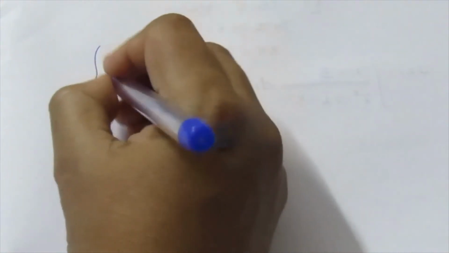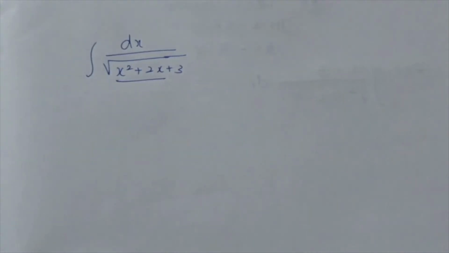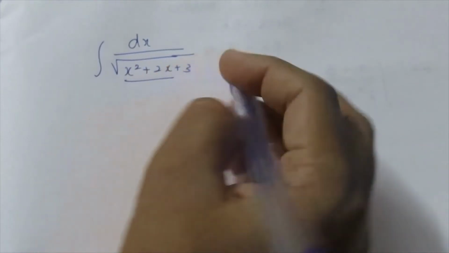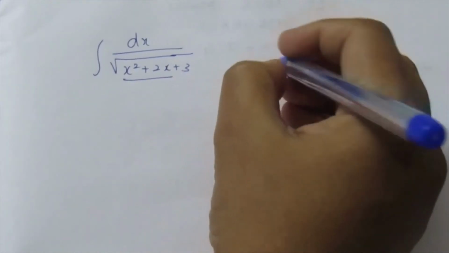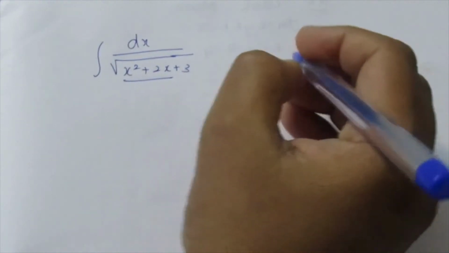Here we know that the given thing is dx by root of x square plus 2x plus 3. For the completing the square method, take alone the x square term and the x term. Here it is x square plus 2x. I want to change this to the a plus b whole square formula.